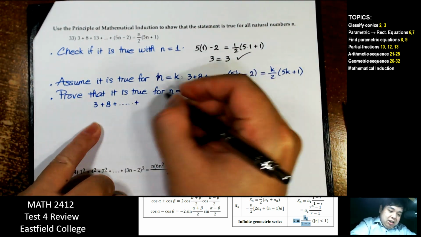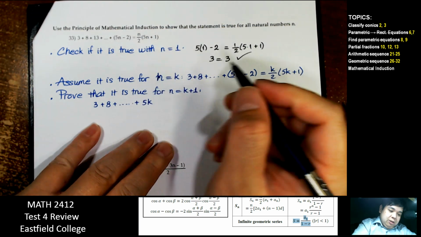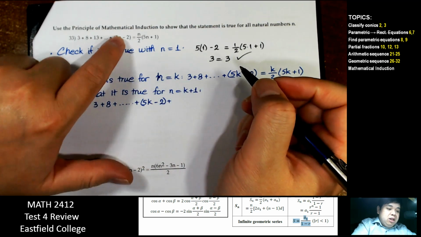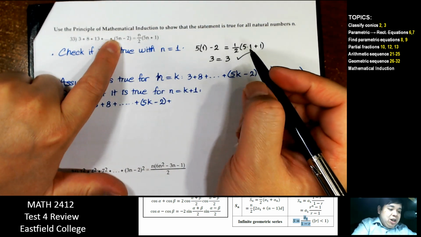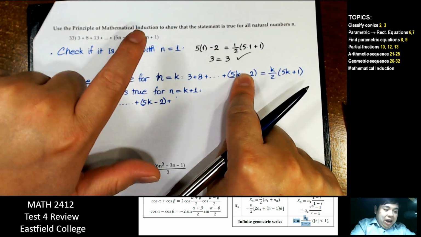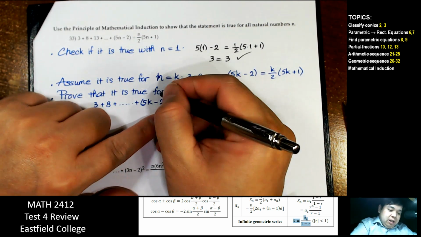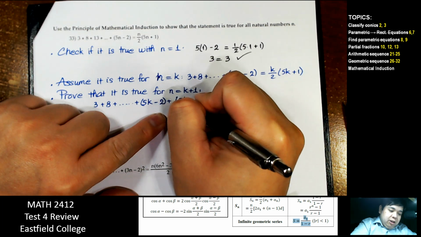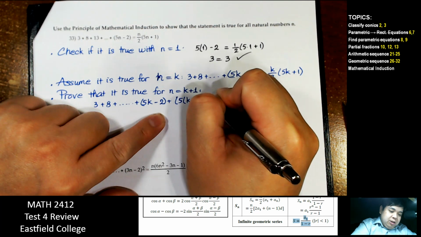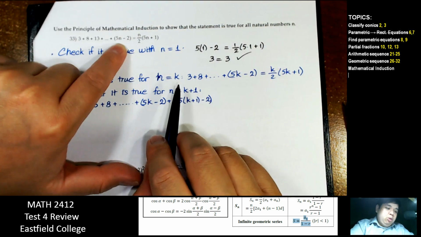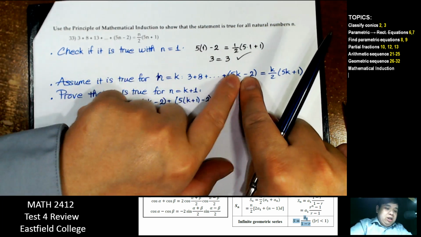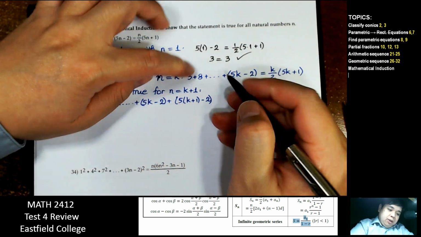We're going to write that term as well. But this time, we have an extra term for when n equal to k plus 1. So rather than up to this one, we're going to add one more term. And that term is 5 of k plus 1 minus 2. Alright, so pretty much we put k plus 1 in here. That will be the last term. We add it to this sum. Alright, so that's the left side.